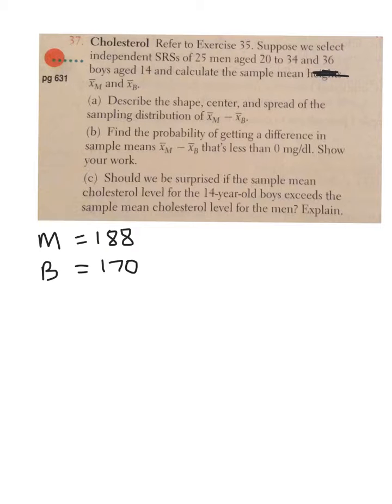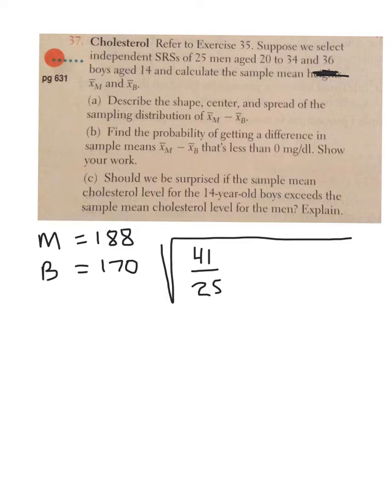Okay, it's kind of like the same problem, except we're going to have a different standard deviation because we actually have a sample. So what we're going to do is take the cholesterol for the men, which was 41, and they took a simple random sample of 25 men.